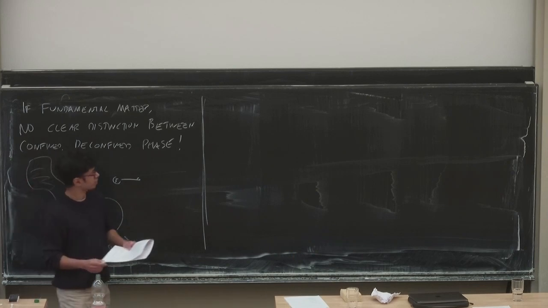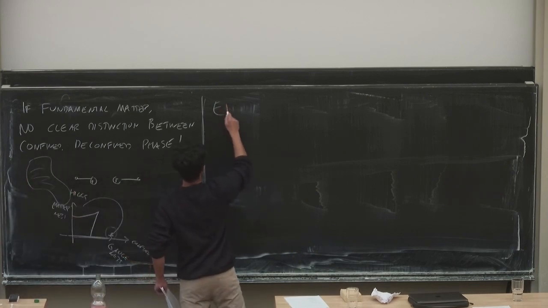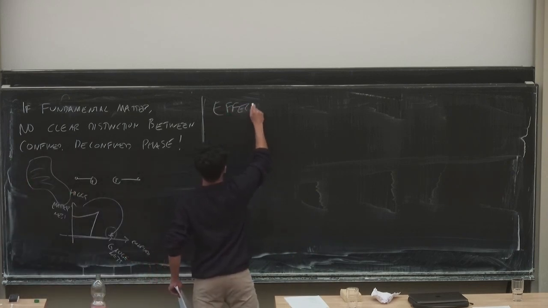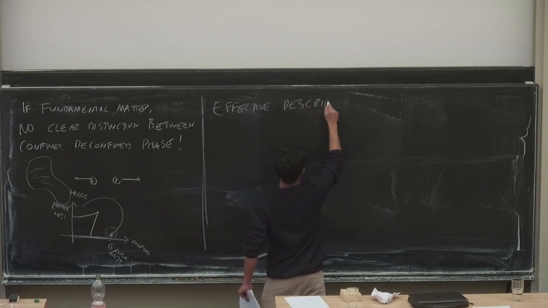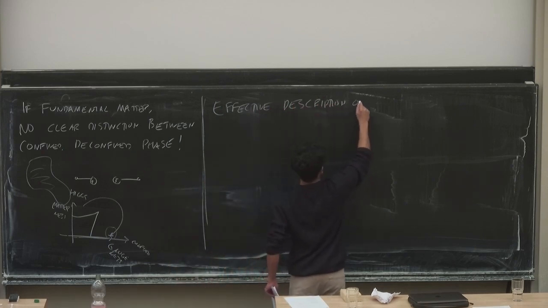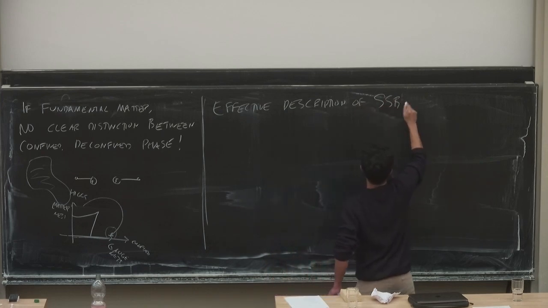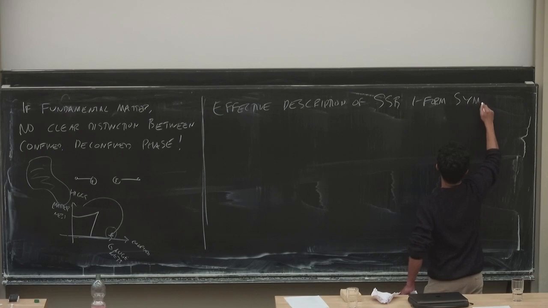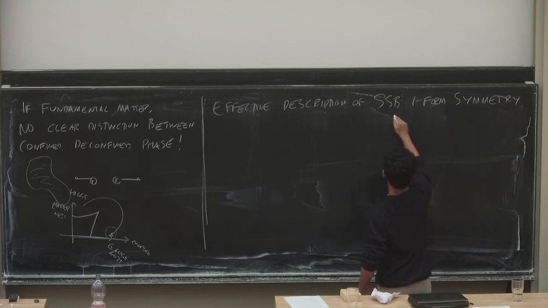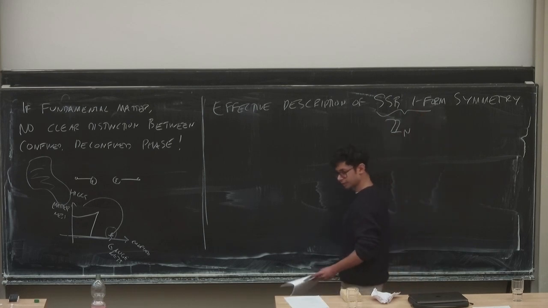So now this is basically the effective description of spontaneously broken one-form symmetry, okay? And sorry, I should have said this is discrete one-form symmetry, so really it's going to be Zn one-form symmetry.